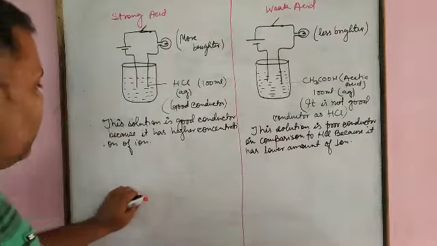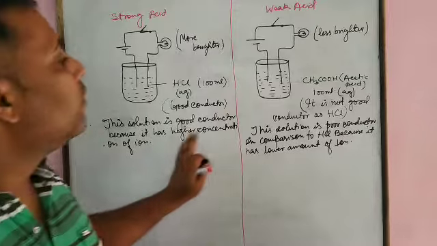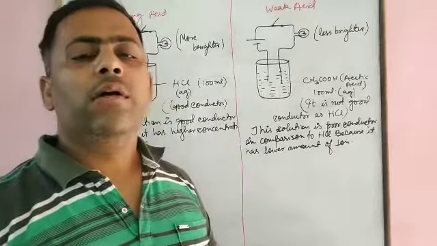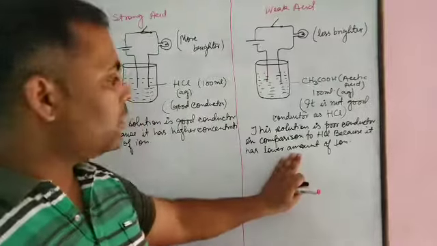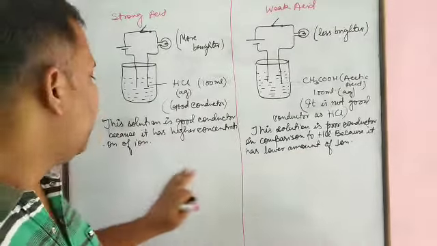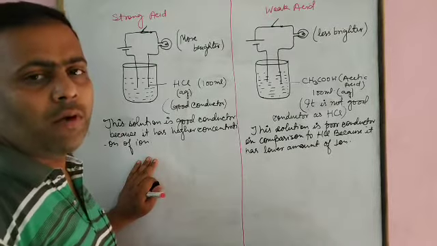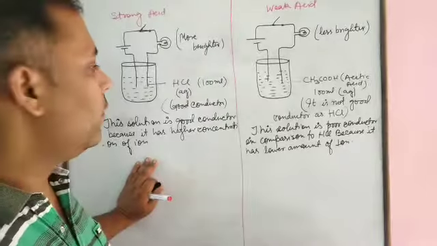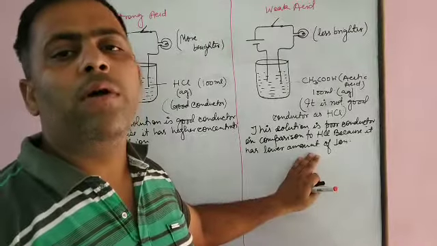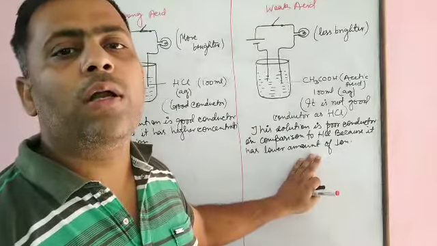Let us discuss why this has a higher amount of ions and why this has a lower amount of ions. The higher amount of ions leads to higher conductivity, and the lower amount of ions leads to lower conductivity.